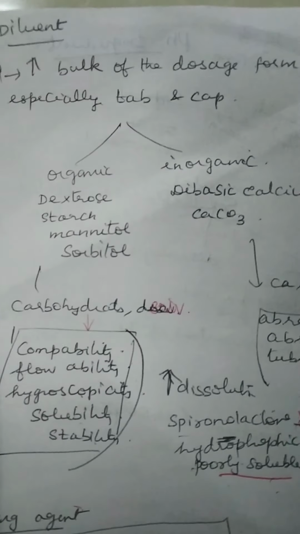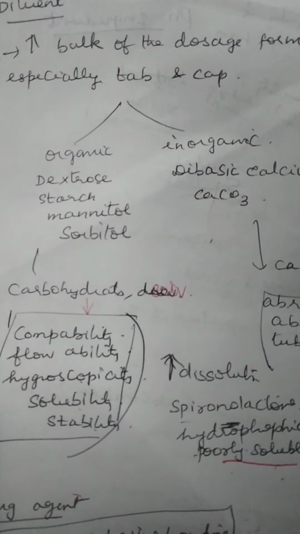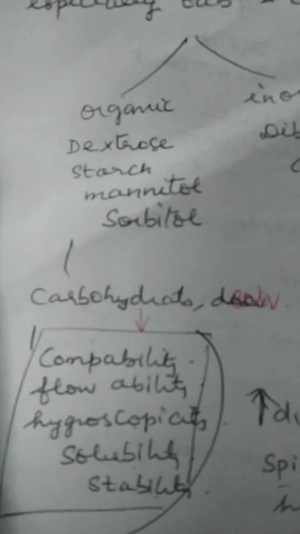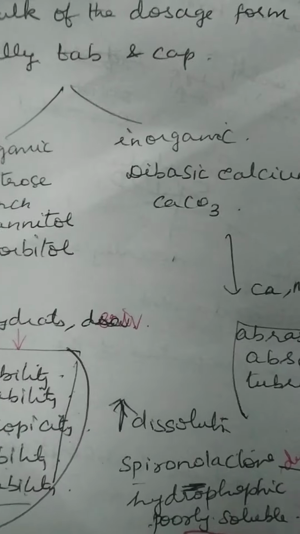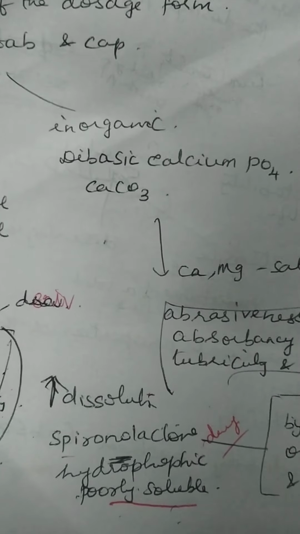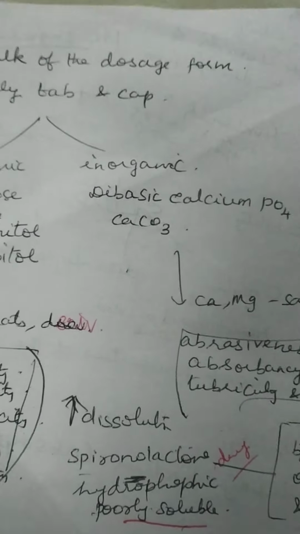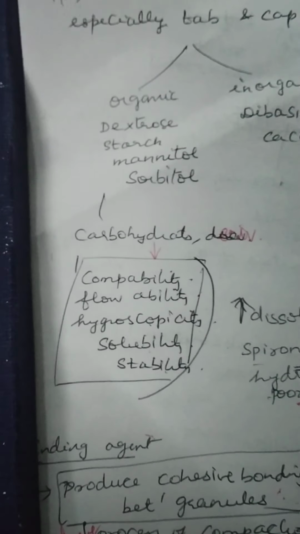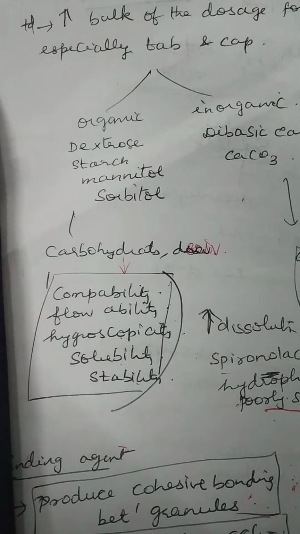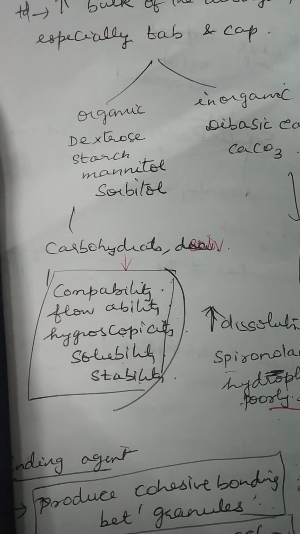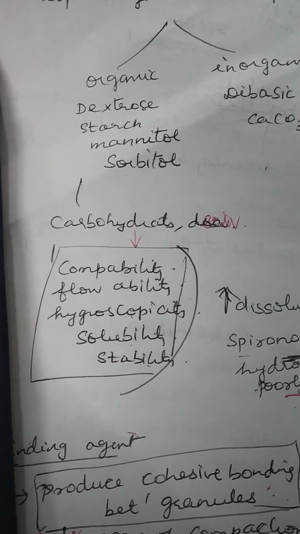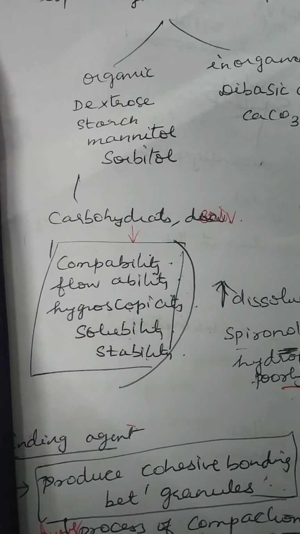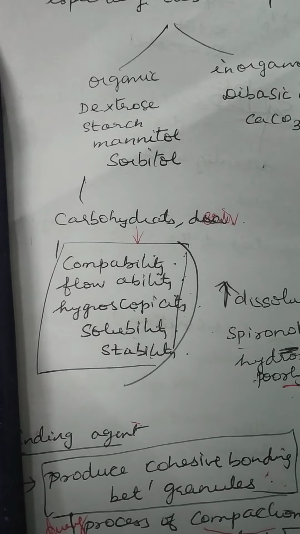The diluent may be an organic diluent or an inorganic diluent. Organic diluent examples are dextrose, starch, mannitol and sorbitol. Coming to the inorganic diluent: dibasic calcium phosphate and calcium carbonate. These organic diluents are mostly carbohydrate and they exhibit properties like compatibility, flowability, hygroscopicity, solubility and stability.